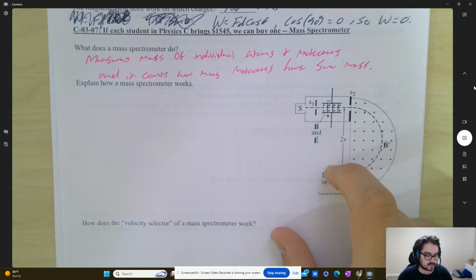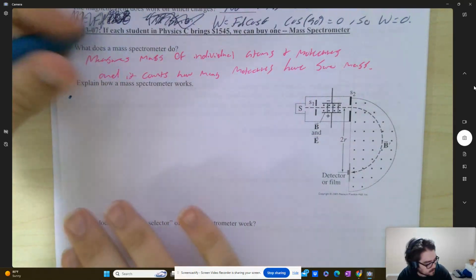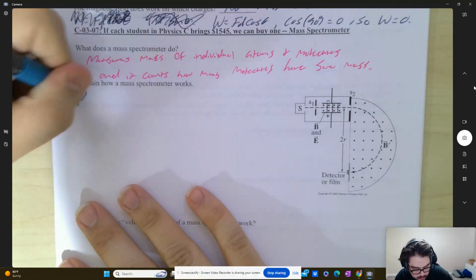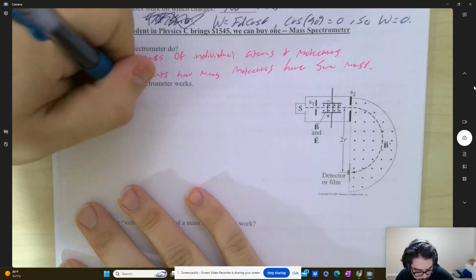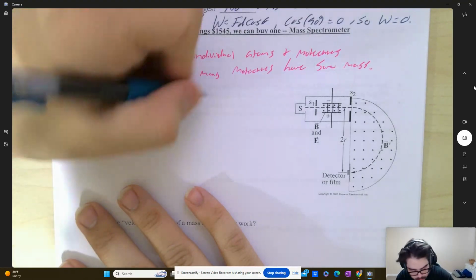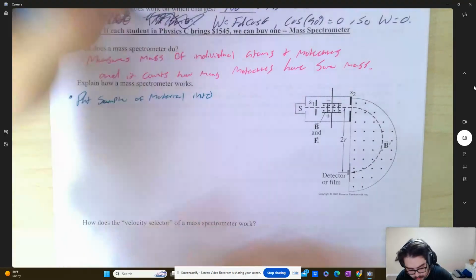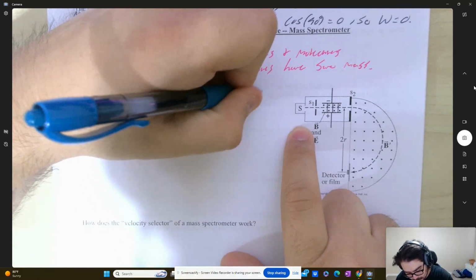So let me walk you through step by step how the mass spectrometer works. The first step is that you put a sample of material into compartment S and evacuate the air.